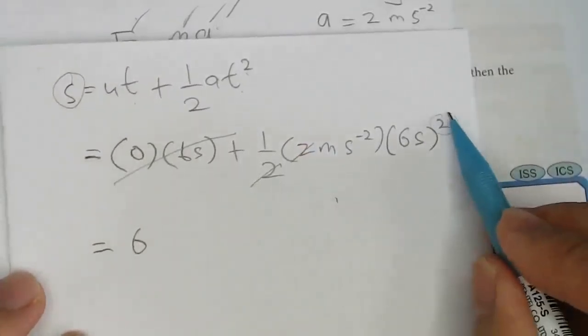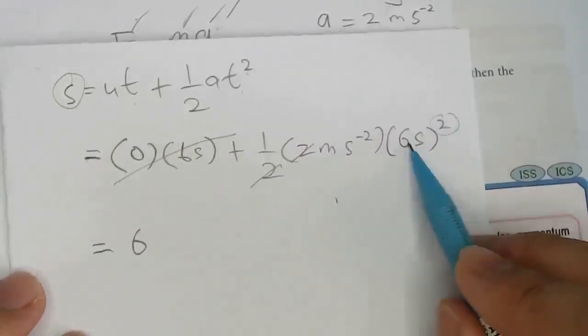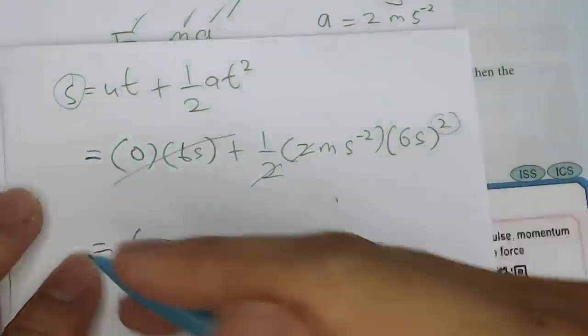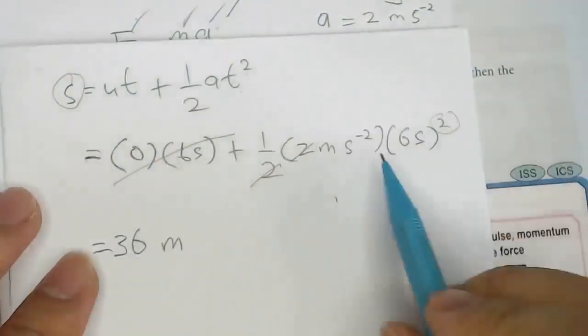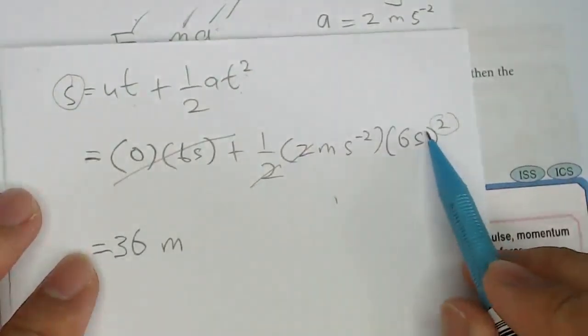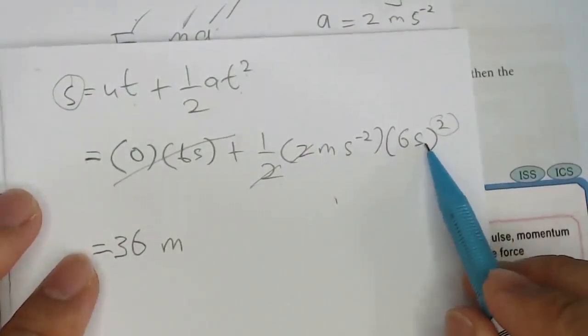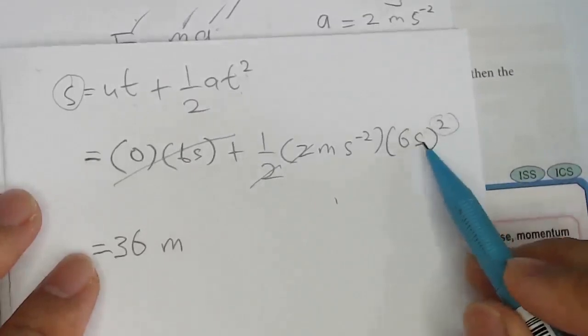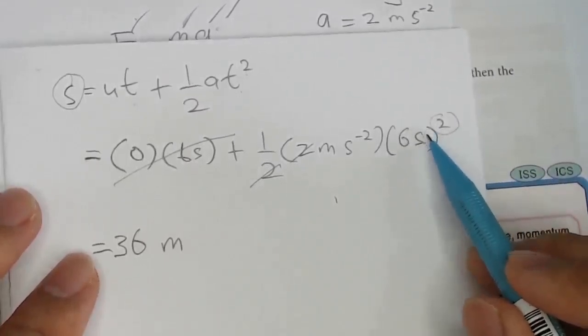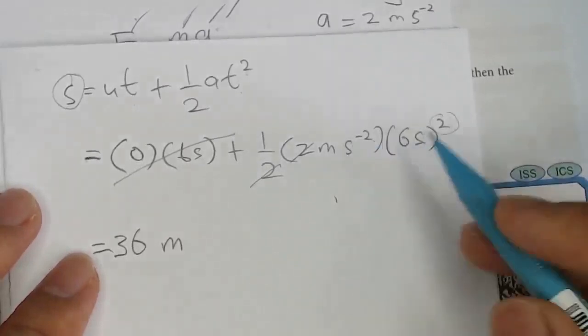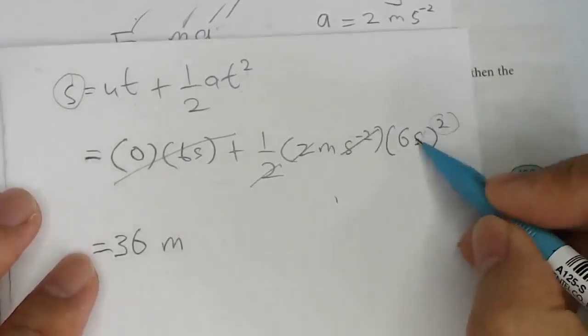This needs to deal with this. Before that, 6 square is 36, so 36 meter. Do not forget to also square the unit, so it becomes second square. This second square can be eliminated with this second square, correct?